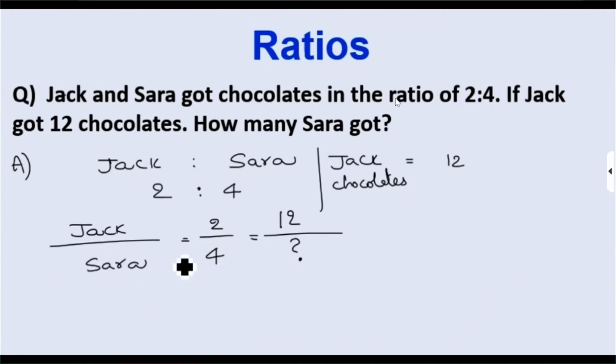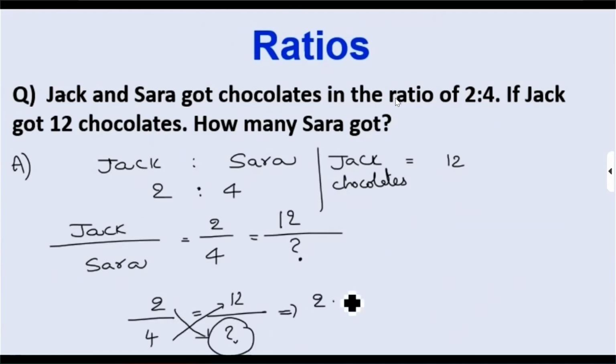Again, 2 by 4 is equal to 12 by x. So we can simplify it. 2 times x is equal to 12 times 4, which is 48. This is twice Sarah's chocolates.